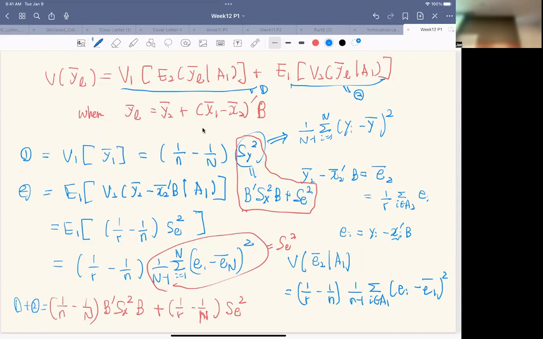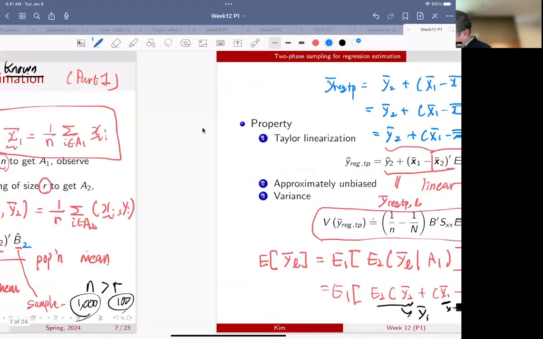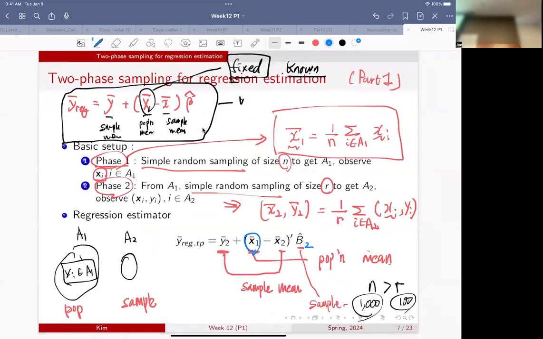The part that is explained by x has a sample size n, small n, while the part that is not explained by x has a sample size r. Which makes sense because we want to leverage it, right? So the whole idea is to leverage x.